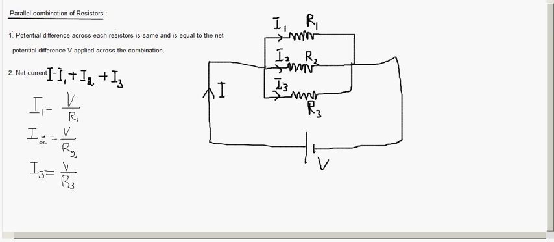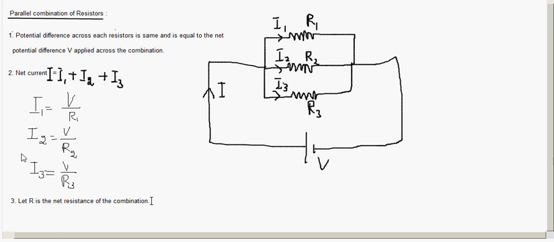Let R be the net resistance of the combination.